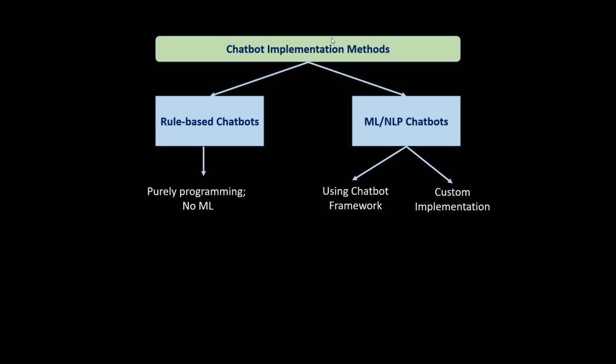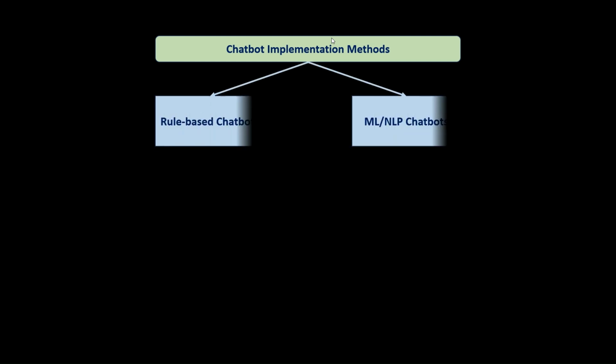Custom implementation involves building your own NLP models tailored to a specific requirement, for example Amazon customer service or Netflix customer service, tailored to a specific task. Let's look at these in detail.